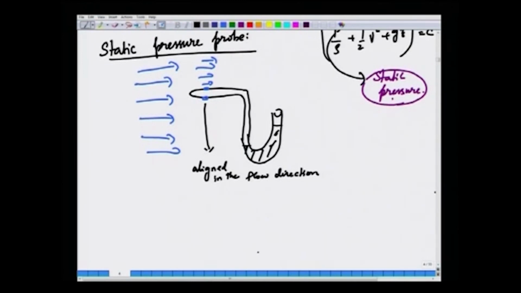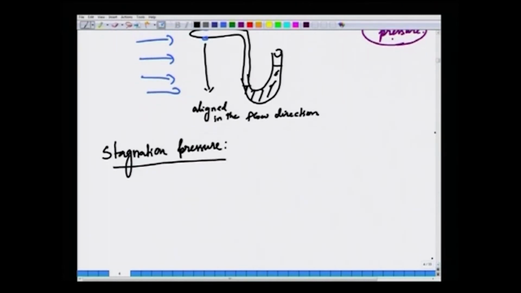Now, another quantity of interest is called the stagnation pressure. Let me explain what this means. Hypothetically, suppose a fluid is flowing along a streamline and you bring it to rest, decelerating it to zero velocity by a frictionless process.